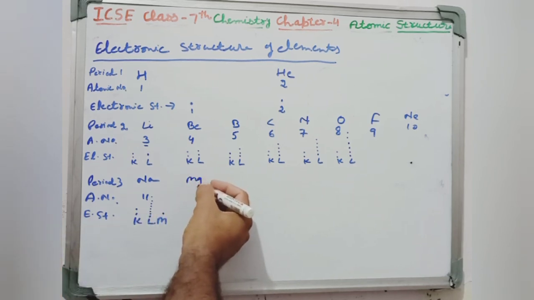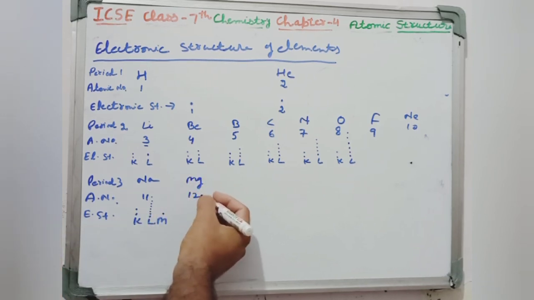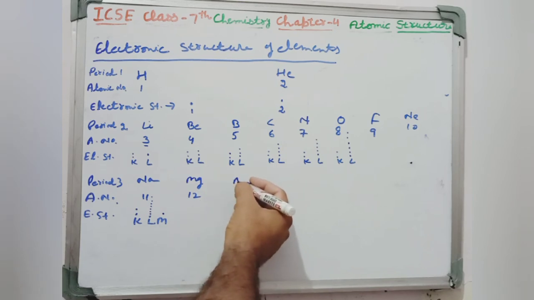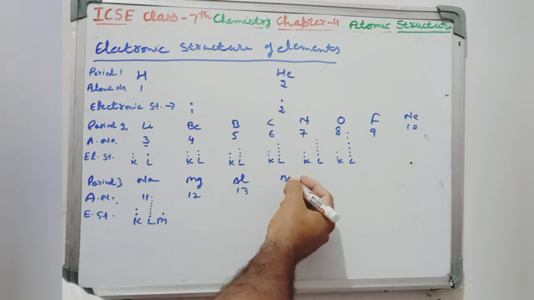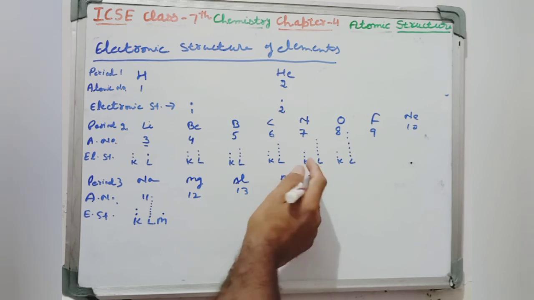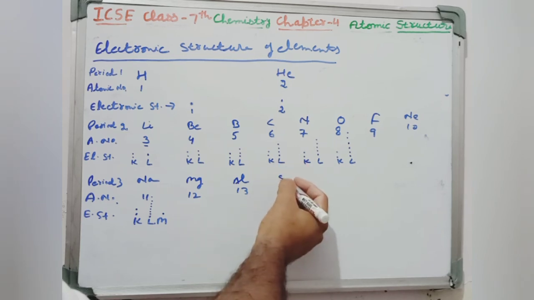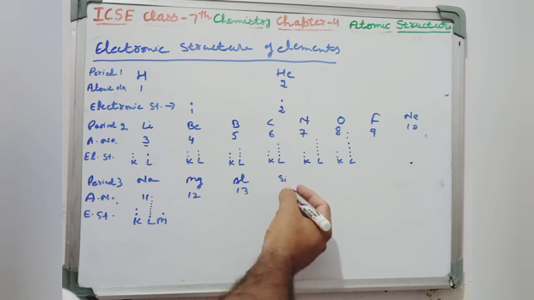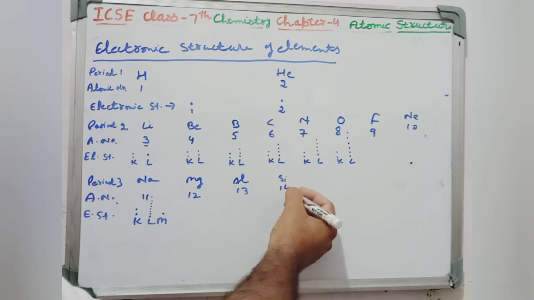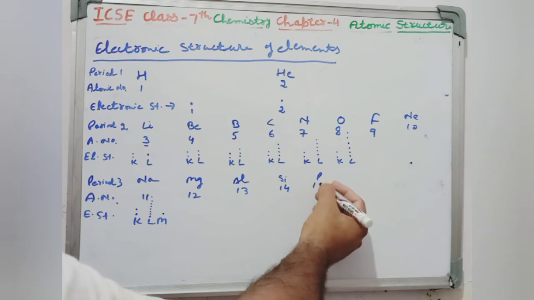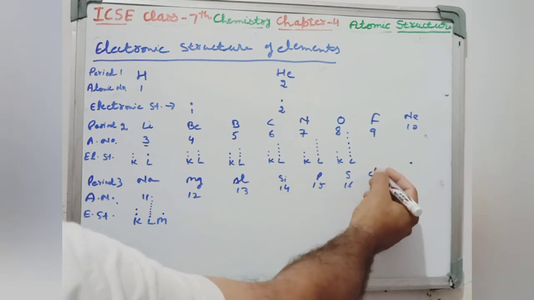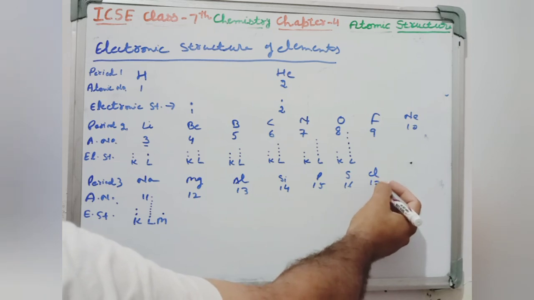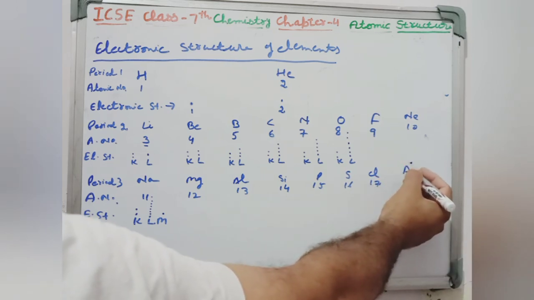Sodium, magnesium, you can adjust 12 here. Aluminium 13, silicon, Si 14. Phosphorus 15. Sulfur 16. Chlorine 17. And argon 18.